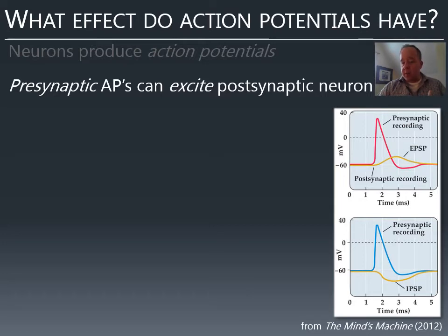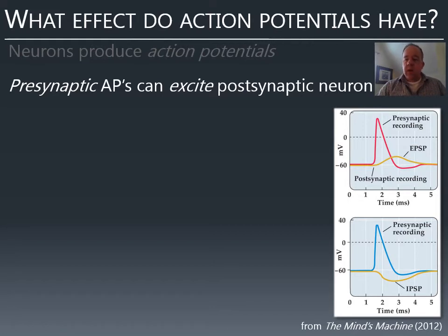It's exciting the postsynaptic neuron. And exciting here is not in an emotional context. It doesn't mean psychologically that this neuron is excited, that it's happy, that it's aroused in some way. That's not what this means. All excitation means is that the neuron is now more likely to fire an action potential.